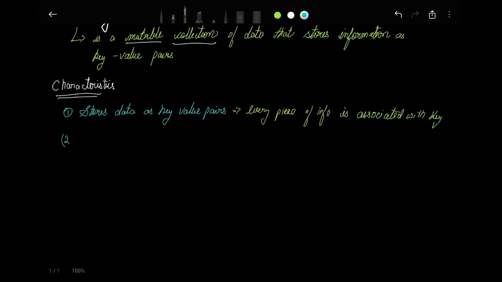The next characteristic is that dictionaries are mutable. That means we can change values whenever needed.